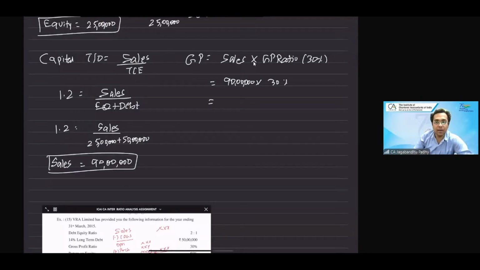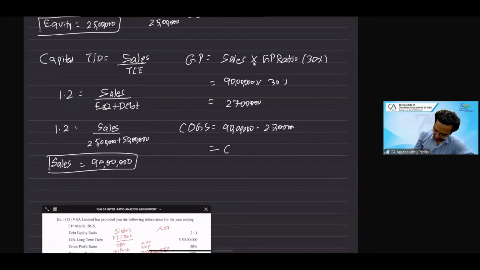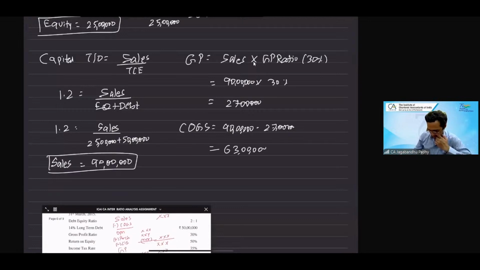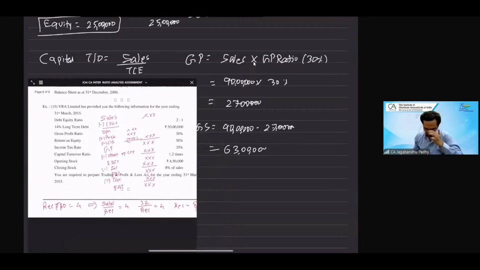So that will be 27 lakh. If GP is 27 lakhs, COGS will be sales 90 lakh minus 27 lakh, which works out to 63 lakh.